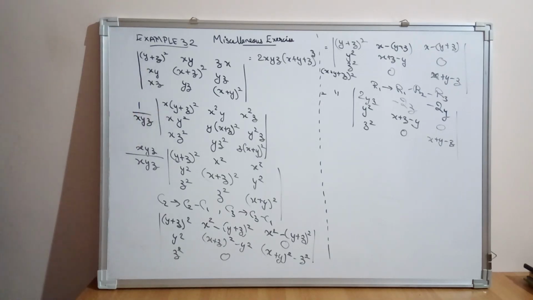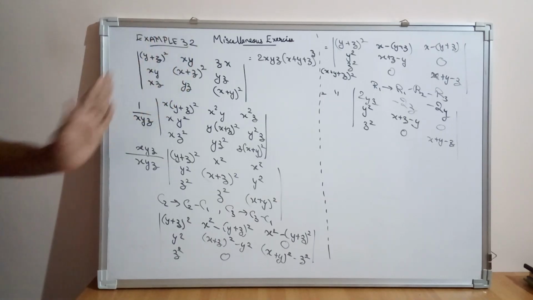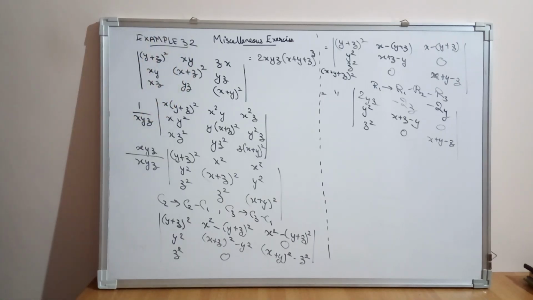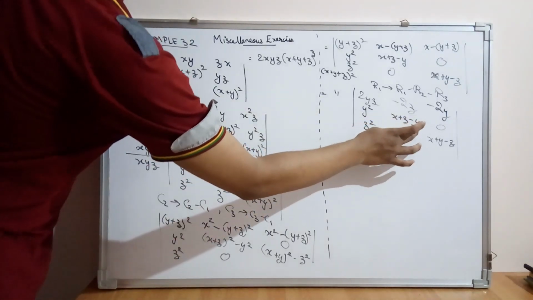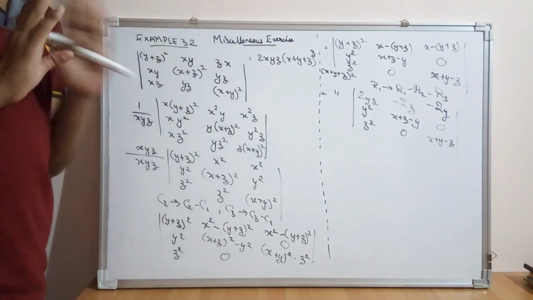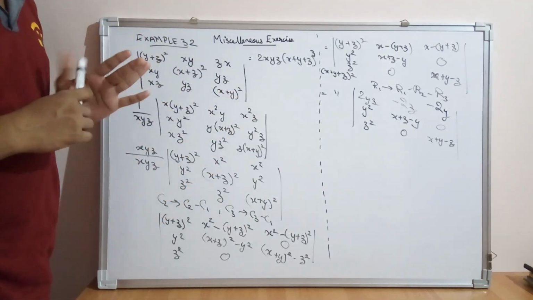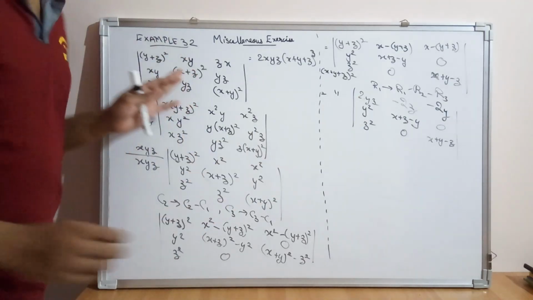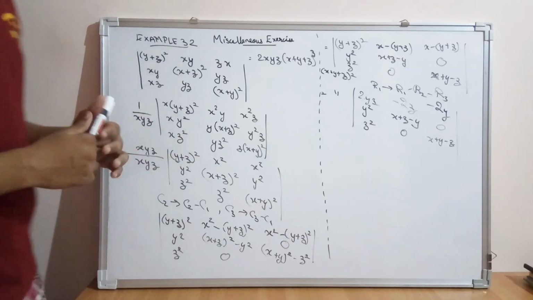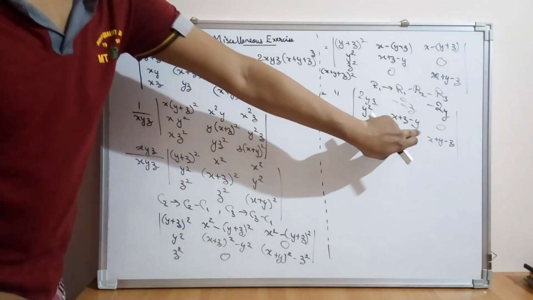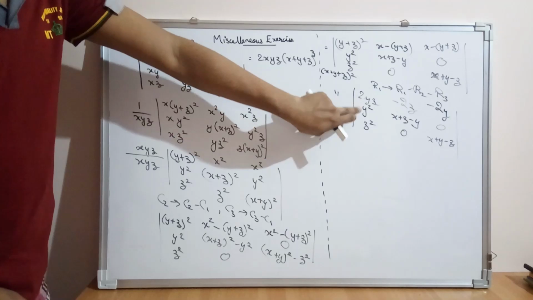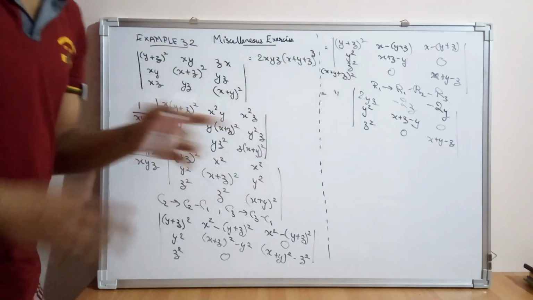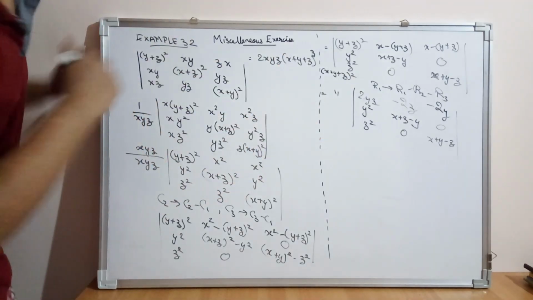So now what we are going to do is we are going to convert the second column. Maybe we are going to remove this y here, we are going to remove this z here, so that we are going to get only the positive values. So to get the positive values, we need to do something with the first column. To remove this minus y, I need to add 1 by y times the first column.